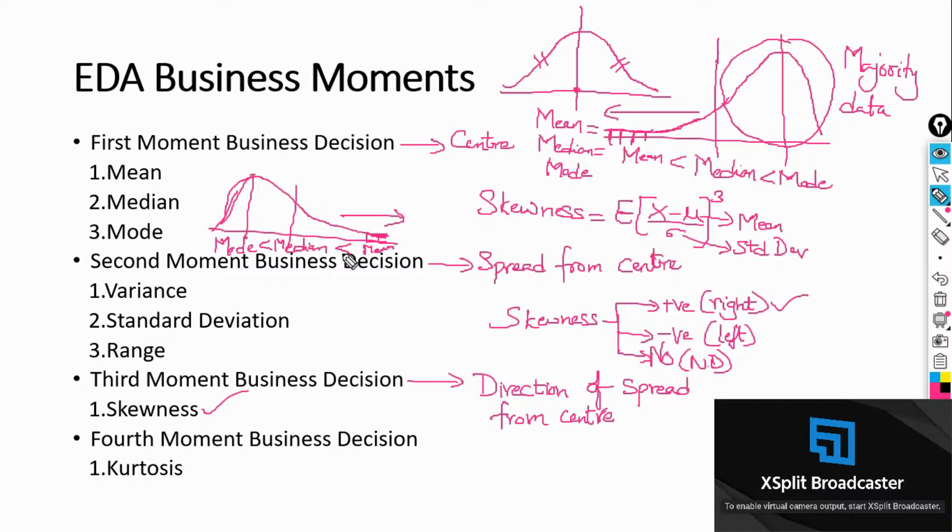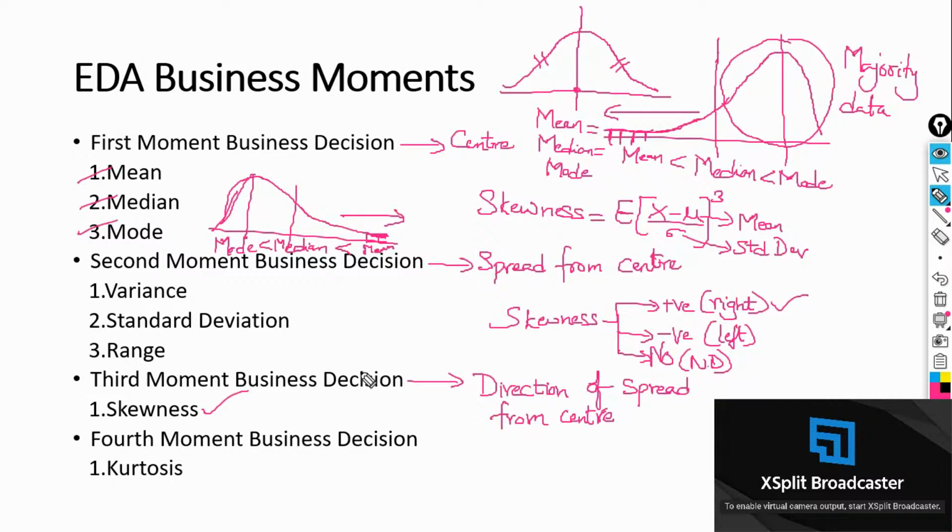So make sure to understand these relationships. What can I infer from these relationships? These are nothing but first moment measures, right? By calculating the mean, median, and mode measures present in the first moment, I can comment on skewness. Can I comment on skewness? Yes, we can comment on skewness.